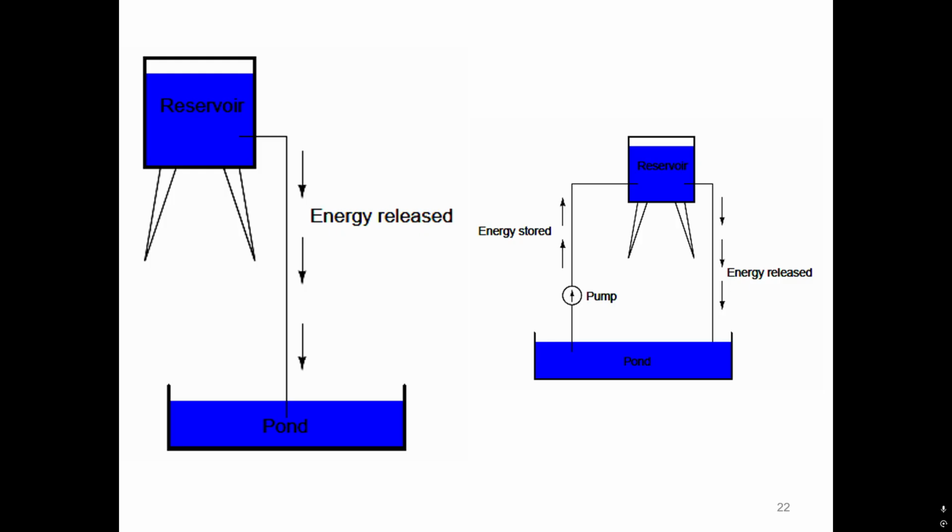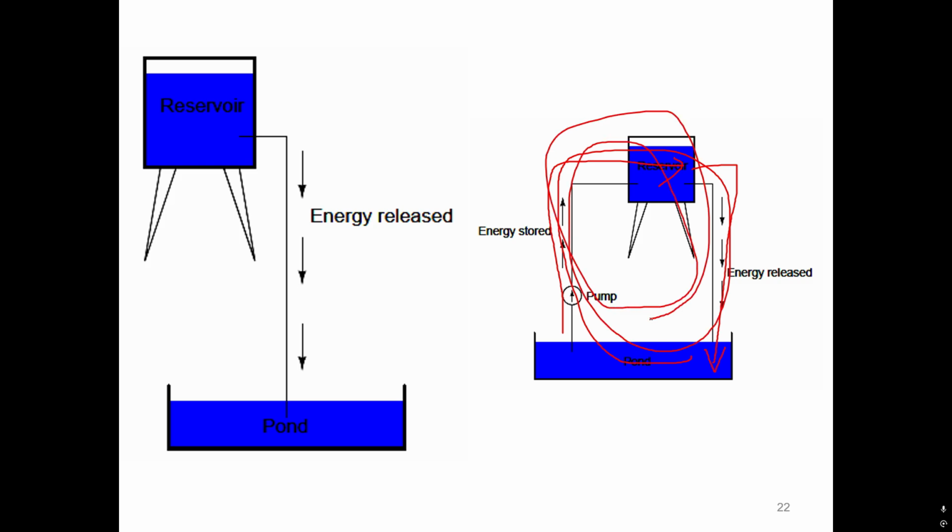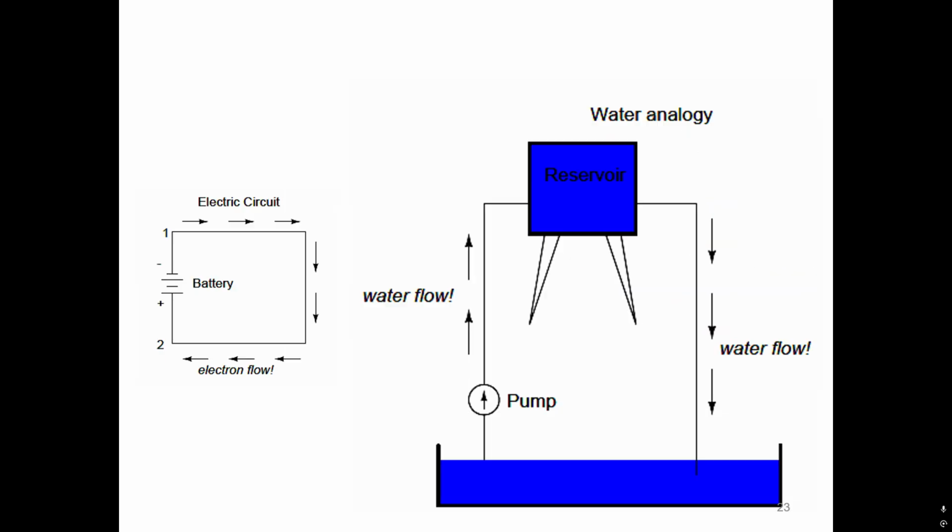Suppose you release the water from the reservoir through a pipe, the energy gets released, right? Suppose you combine these two things. So we have the pump that is taking the water to the reservoir. From the reservoir, it again flows back to the pond. So there will be continuous circulation of water through the system.